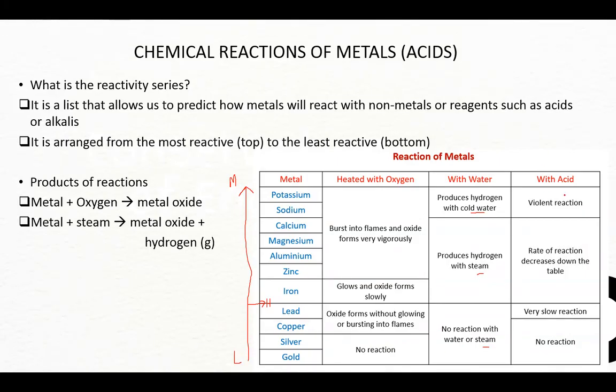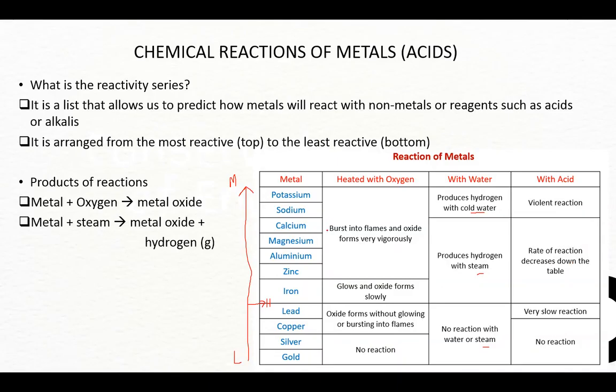And lastly, with acids, again, the two at the top of the list react very violently. So there's a violent reaction with potassium and sodium with acids. Then from calcium to iron, the rate of reaction decreases as you go down the table.